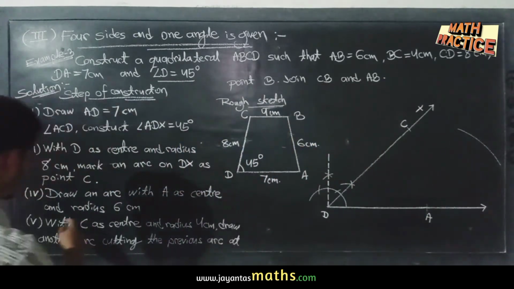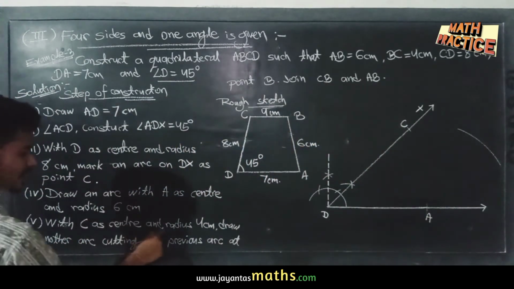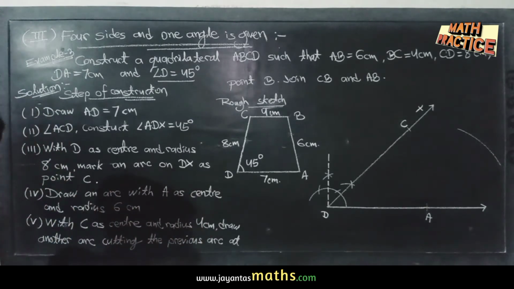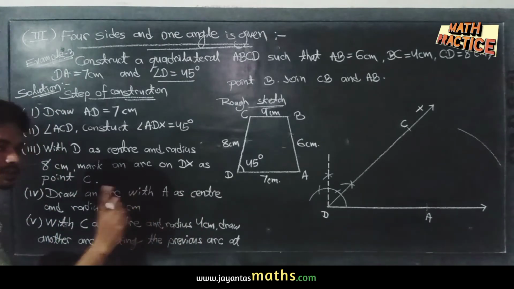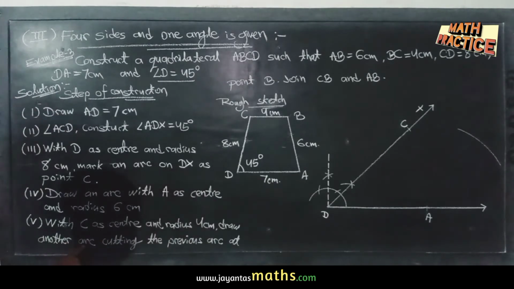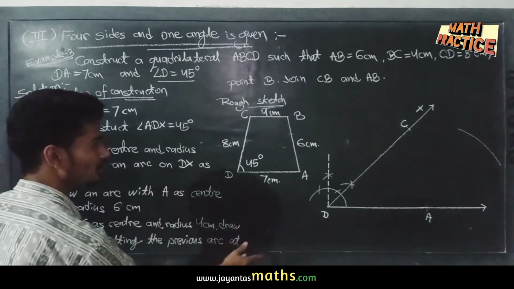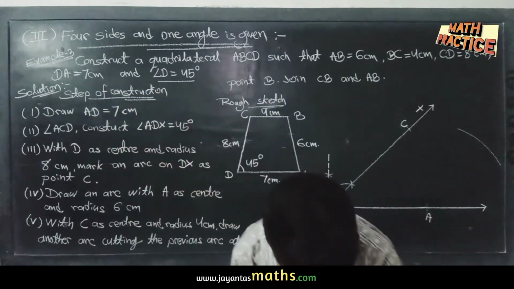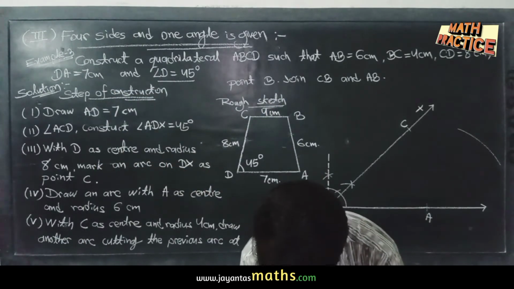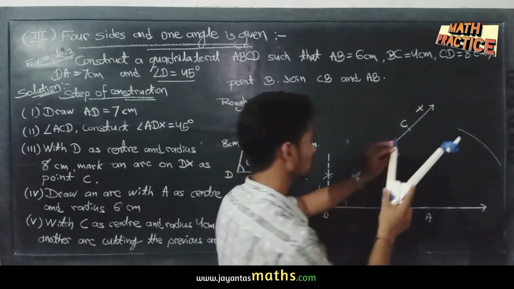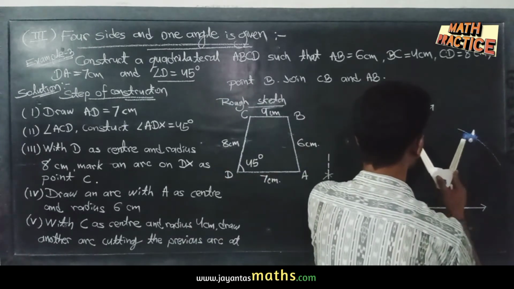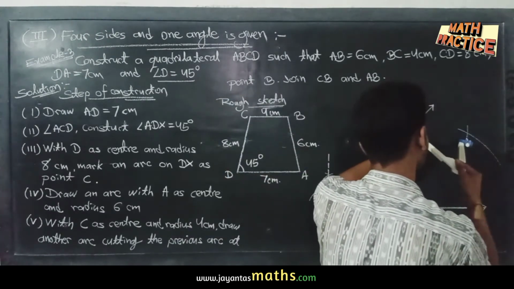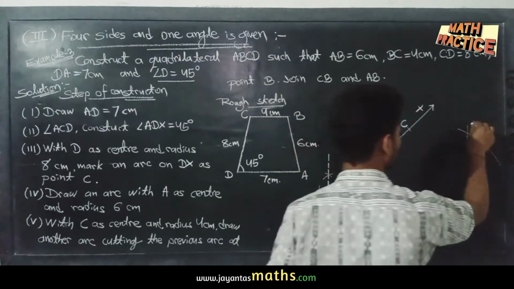Now with C as center and radius of 4 centimeters, draw another arc cutting the previous arc at point B. Now I measure the 4 centimeters, with C as center, cutting this previous arc. This was the point B.